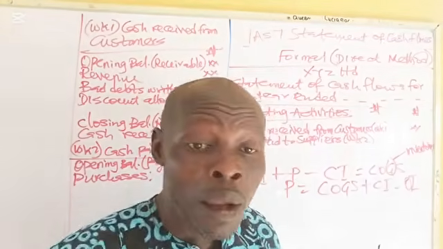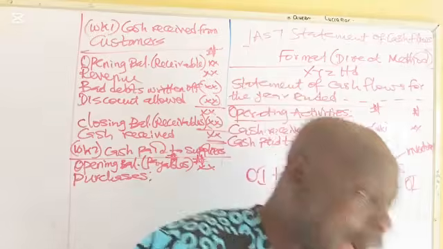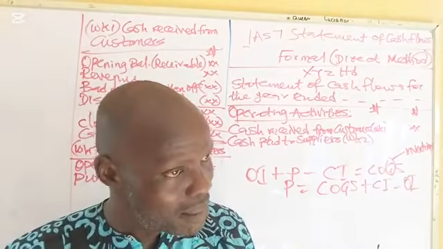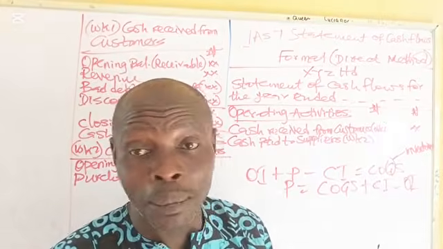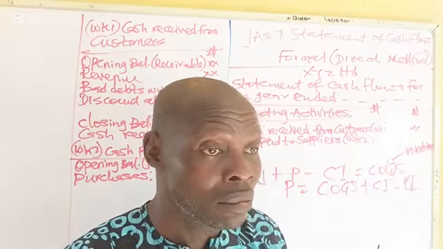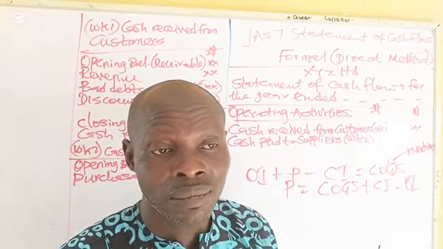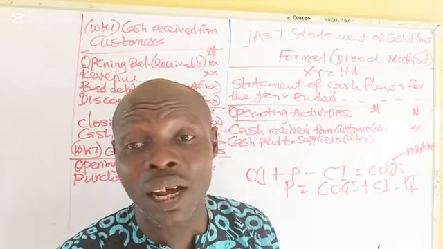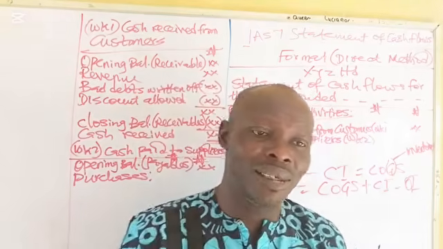Cost of sales might contain non-inventory related items. Remember, have you seen any question whereby the policy of the company is to charge depreciation to cost of sales? Yes. Is depreciation inventory? No, sir. It is a non-cash item.